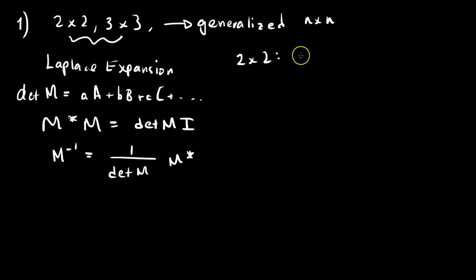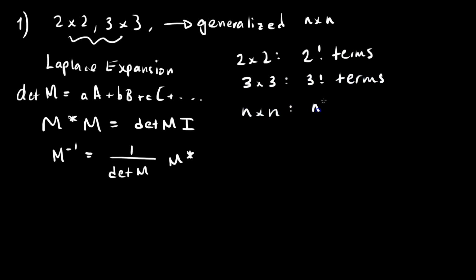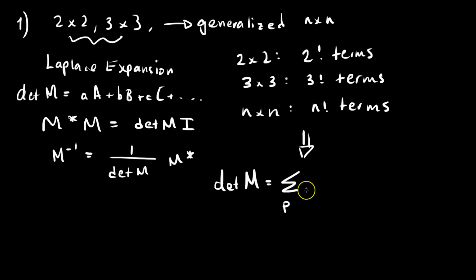And then we went on to show that for a generalized n by n matrix, for the 2x2 case, we can write the determinant as 2 factorial terms, right? For the 3x3 case, the determinant has 3 factorial terms. And for the n by n case, the determinant has n factorial terms. So this led us to find the formula for the determinant of some matrix as a sum over permutations. And of course, we have to include the sign of the permutation, over all the rows.